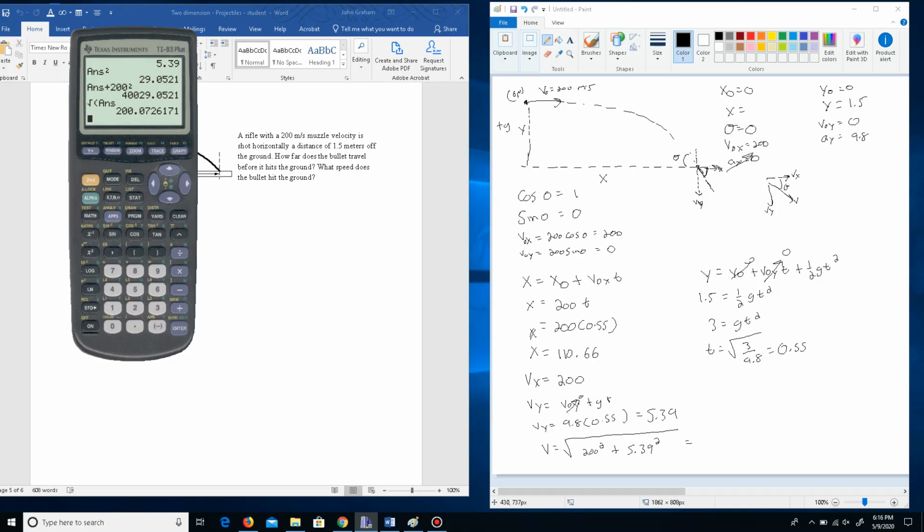Okay, so because it's going down, gravity's acting on it, it speeds it up some. Not a whole lot, but it does speed it up some. And then your angle is going to be inverse tangent of Vy over Vx, so inverse tangent of 5.39 over 200.